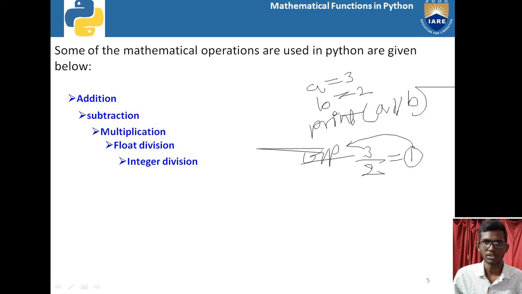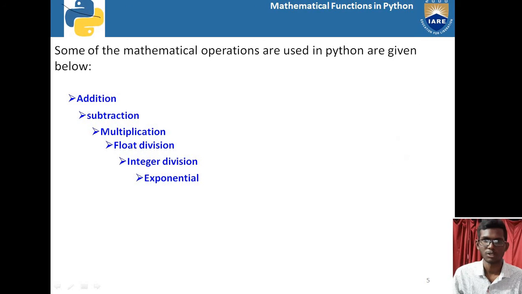Next operand, exponential. Example of exponential: we take a simple example, previously a equal to 3, b equal to 2, print a double star b.